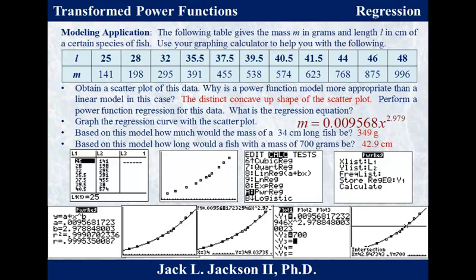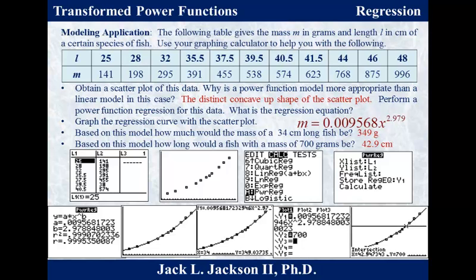R squared value is 0.999, so 99.9% of the variation in the data is explained by this model. So that's a very good fit. If the R squared is close to 1, it's going to be a very good fit. If R squared is close to 0, it's a very, very bad fit. Well, this R squared is very close to 1, so this is quite a good fit.